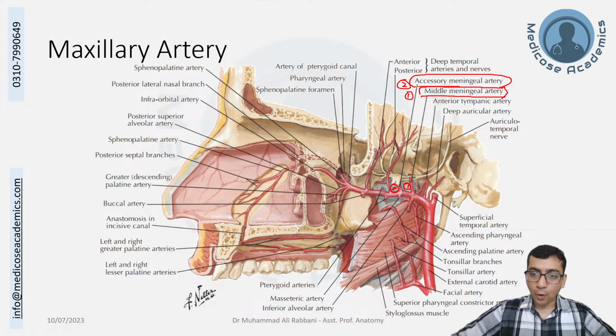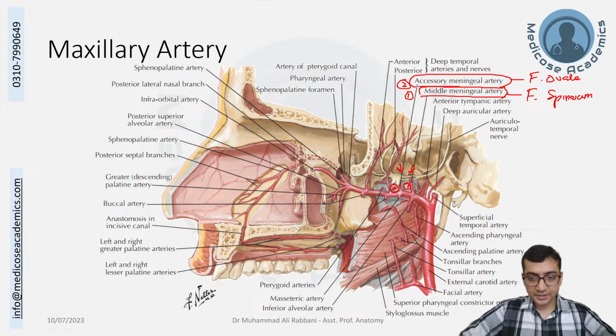They are opening into these foramina. The middle meningeal artery was entering the skull through foramen spinosum, and the accessory meningeal artery is entering the skull through foramen ovale.